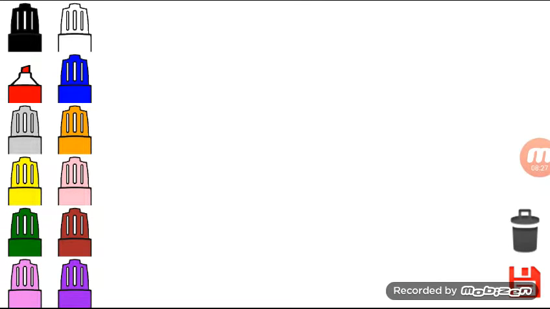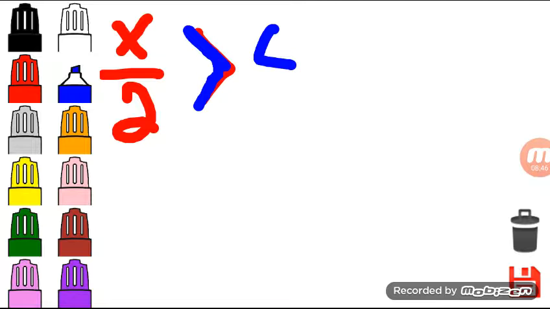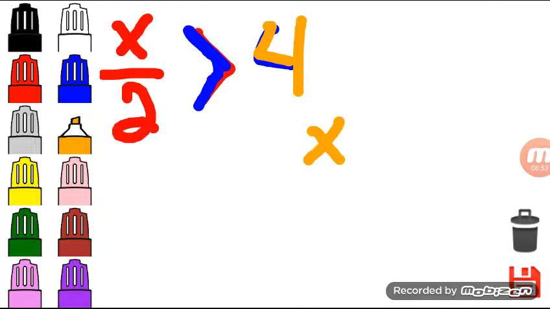So I have one more. x divided by 2 is greater than 4. Sorry, x divided by 2 is greater than negative 2, so x is greater than negative 2.